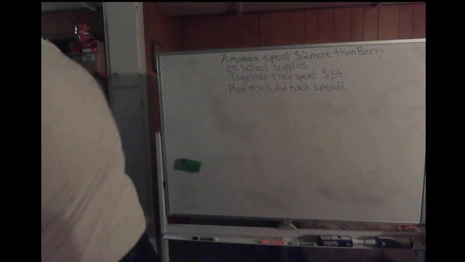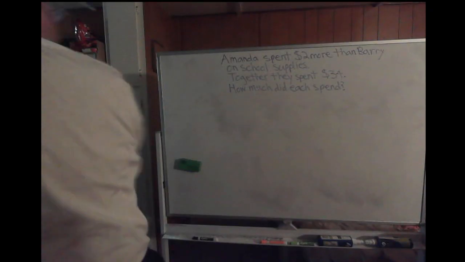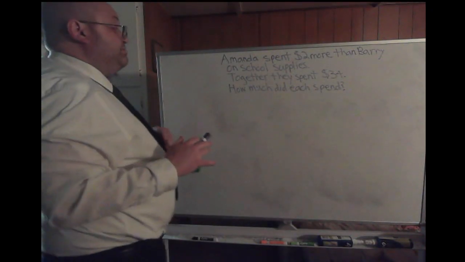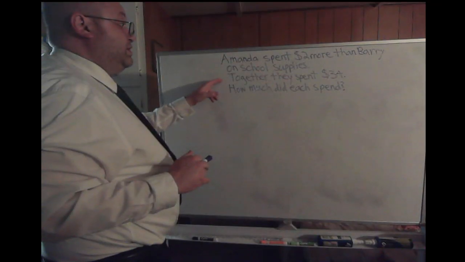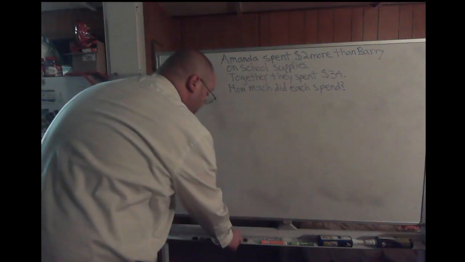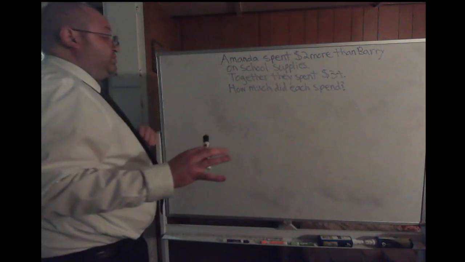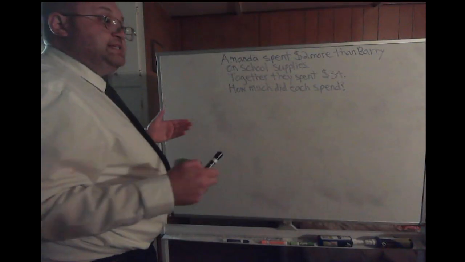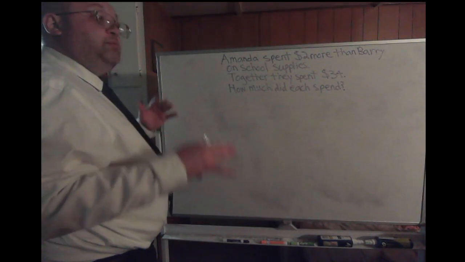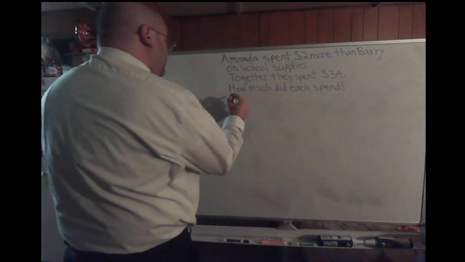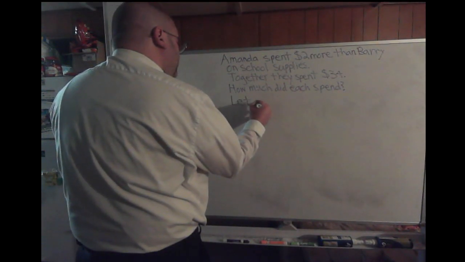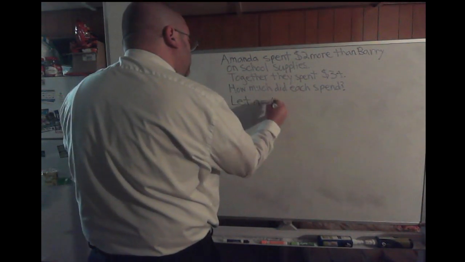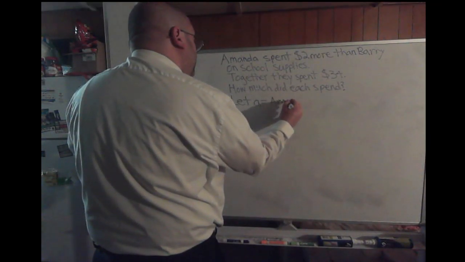Okay, so Amanda spent $2 more than Barry on school supplies. Together they spent $34. How much did each spend? So let's start out, let's pick some variables that make sense to define how much each spent. We will let A equal Amanda.